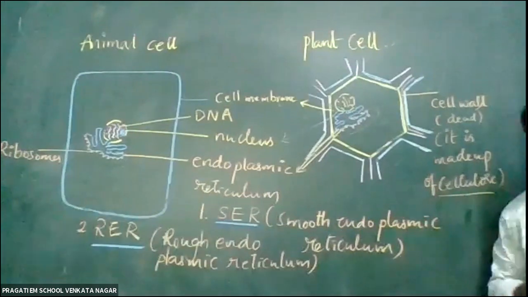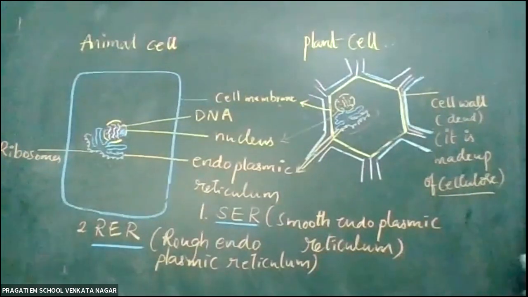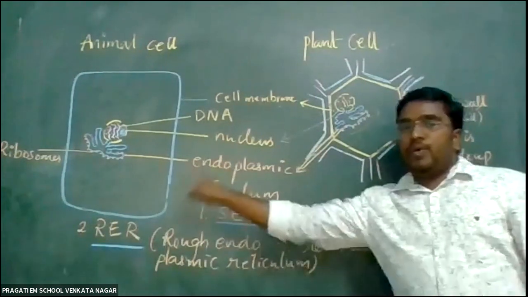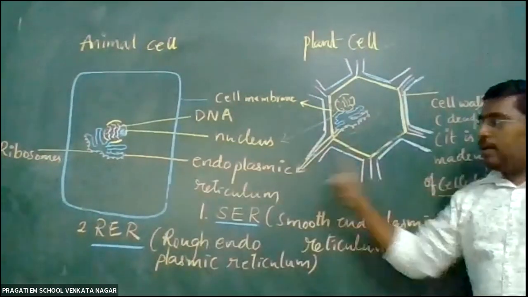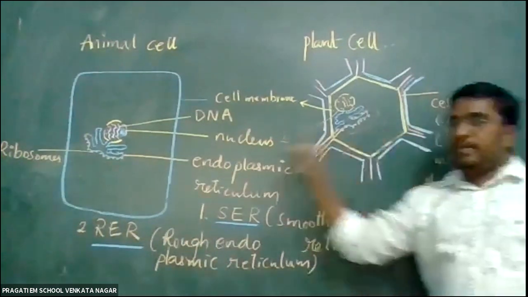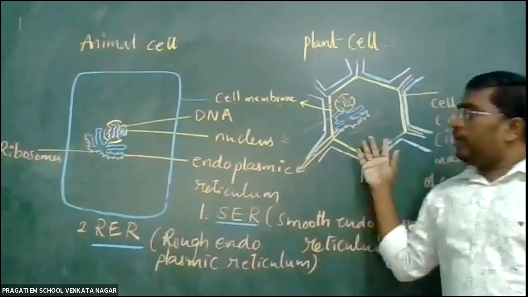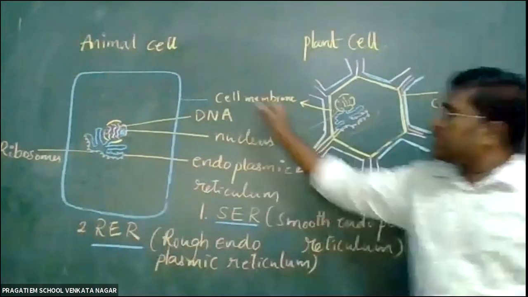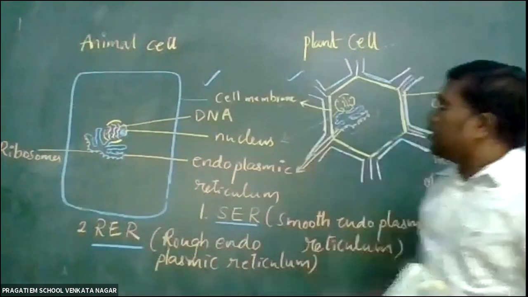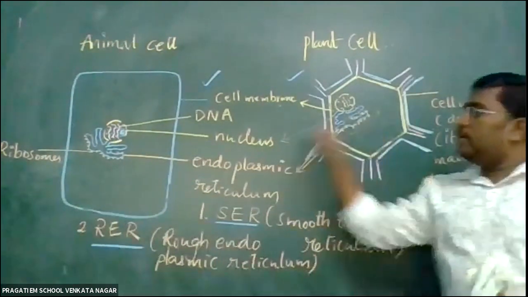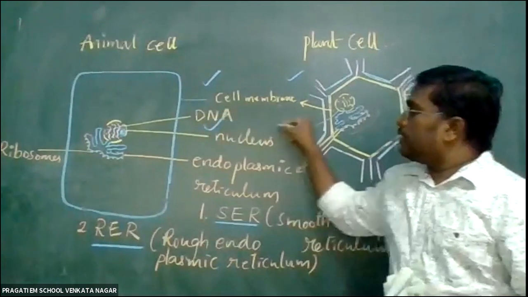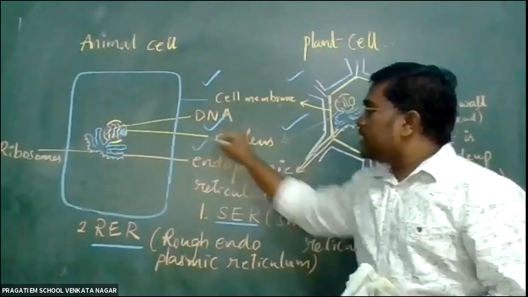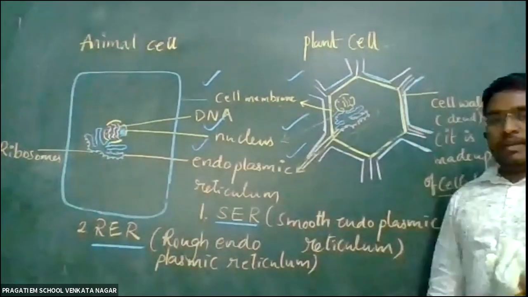Okay, children? So the endoplasmic reticulum is present in both the cells. Look at here, cell membrane is present in both the cells. Nucleus is present in both the cells. Endoplasmic reticulum is present in animal cell and plant cell.